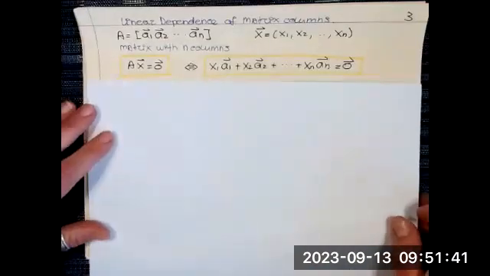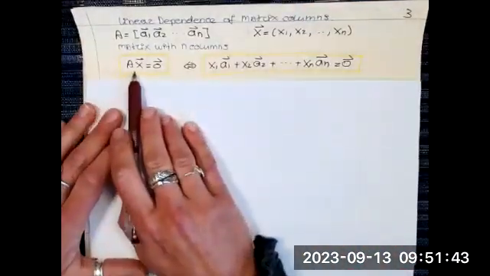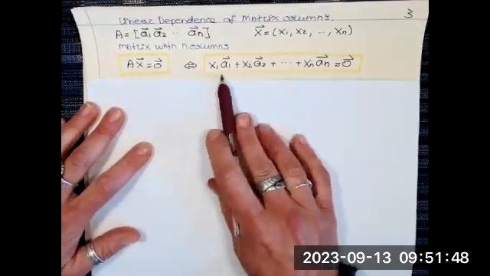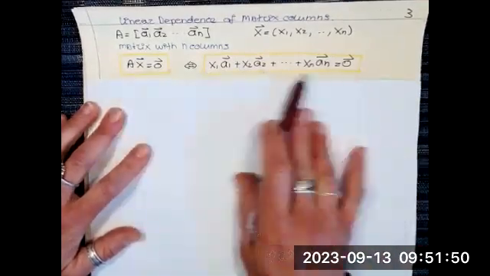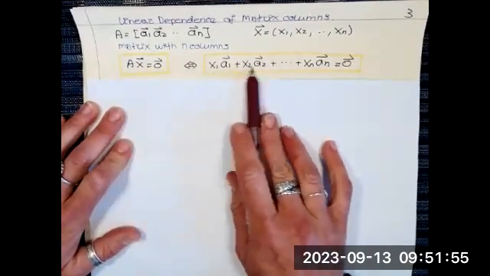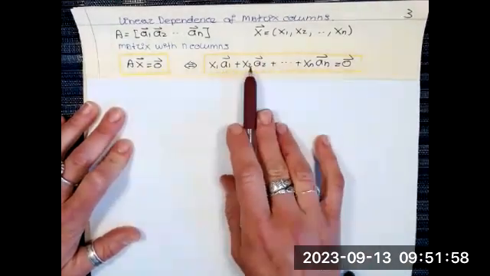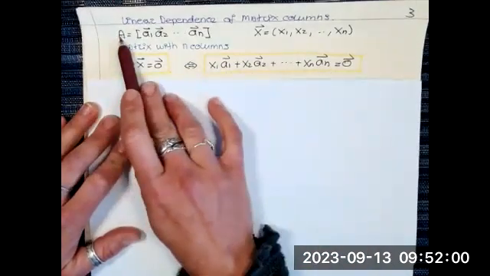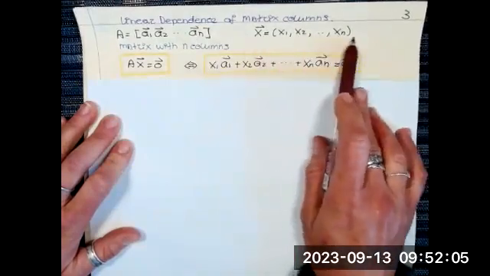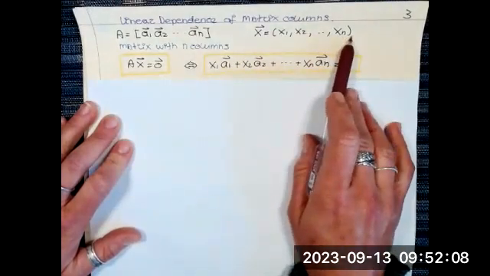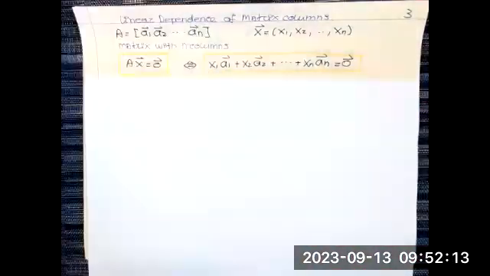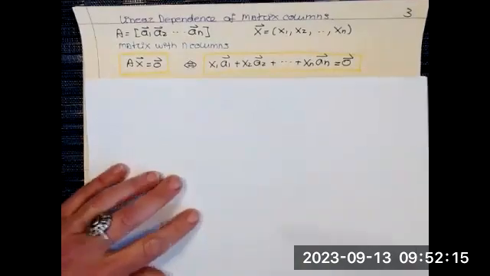Remember how our matrix equation, matrix A times vector x equals 0, is equivalent to this vector equation. These are just two different ways of writing this. Multiplication of A by vector x is the same as taking a linear combination of the columns of A. A consists of columns A1, A2, all the way to An, and x is the vector with components x1 through xn. So what we did just now, we can also apply to columns of matrices.